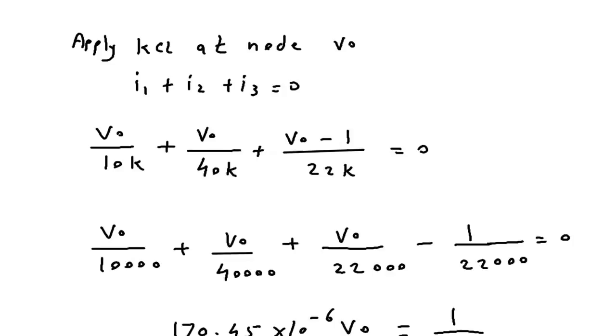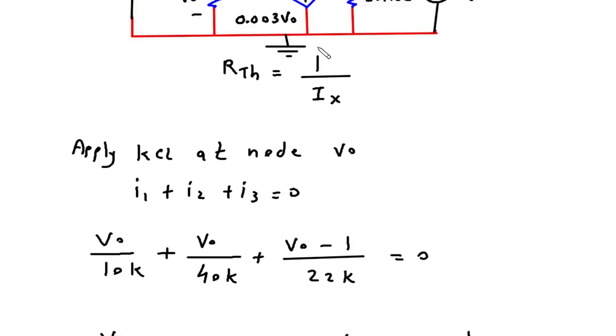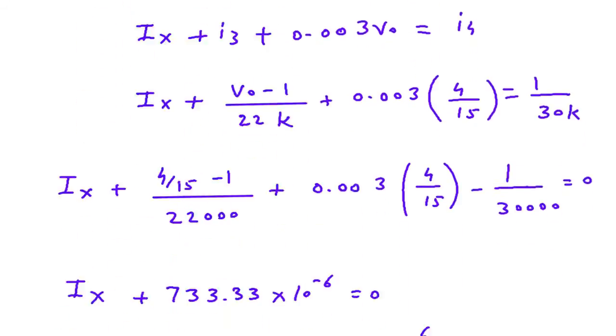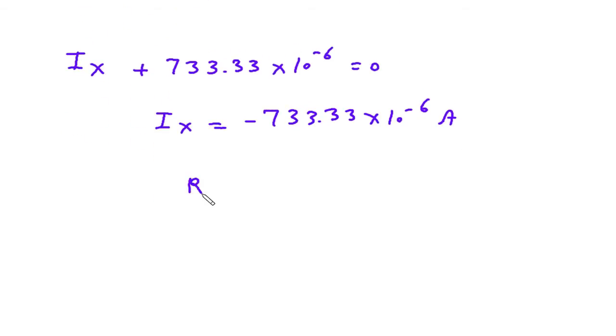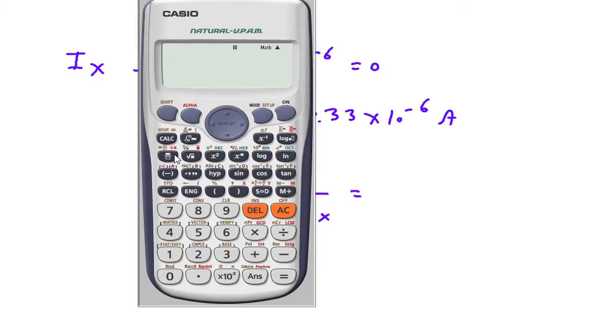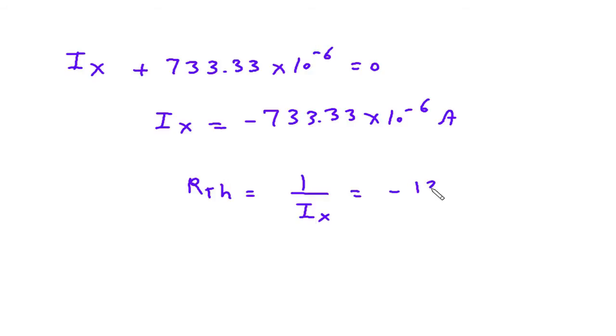We have to find RTH. RTH is equal to 1 upon Ix. So this will be 1 upon minus answer. So it is minus 1363.63 ohm. This is the value of RTH.